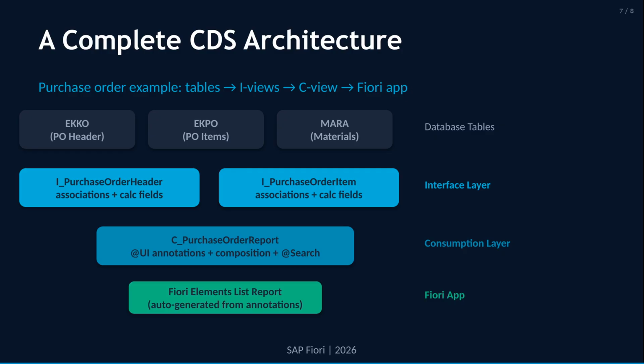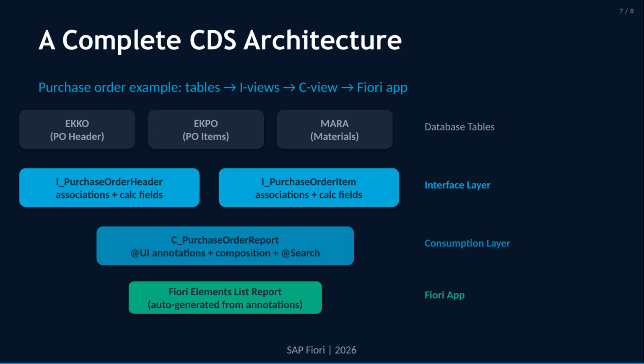Layer 1, you create I_PurchaseOrderHeader and I_PurchaseOrderItem as interface views. These define field aliases, associations to each other and to the material master, and calculated fields, like net value in local currency. Layer 2, you create C_PurchaseOrderReport as a consumption view.